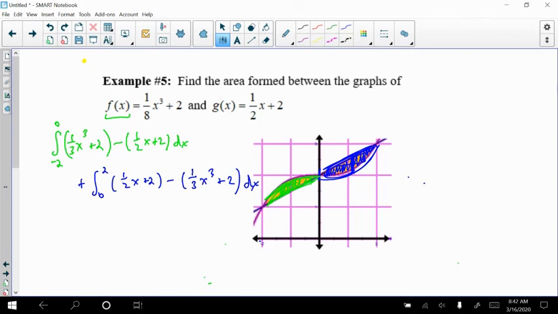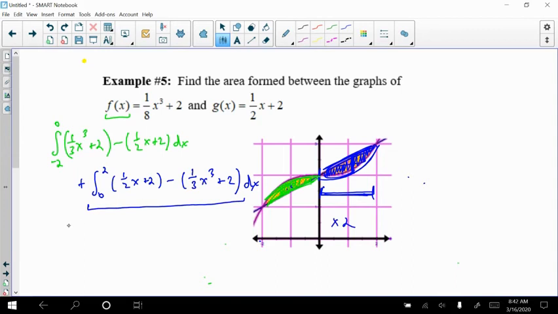And so basically, they actually are the exact same areas. So I can use that odd property to say, what if I just find one of the areas, and then multiply by 2 once I get my answer. That's exactly what I'm going to do. So I'm just going to evaluate this second integral here and then get an answer and multiply by 2.